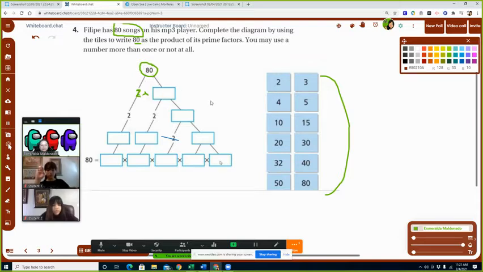What would that be? Rosa? 40. 40, right? Because 2 times 40 is equal to 80. So once I hit a number that is already prime, remember that a prime number only has two factors, the number and itself.